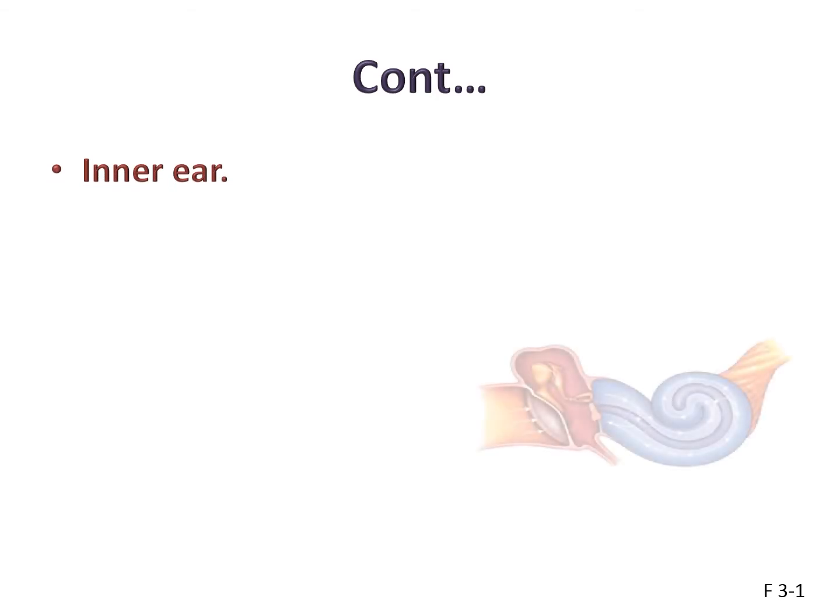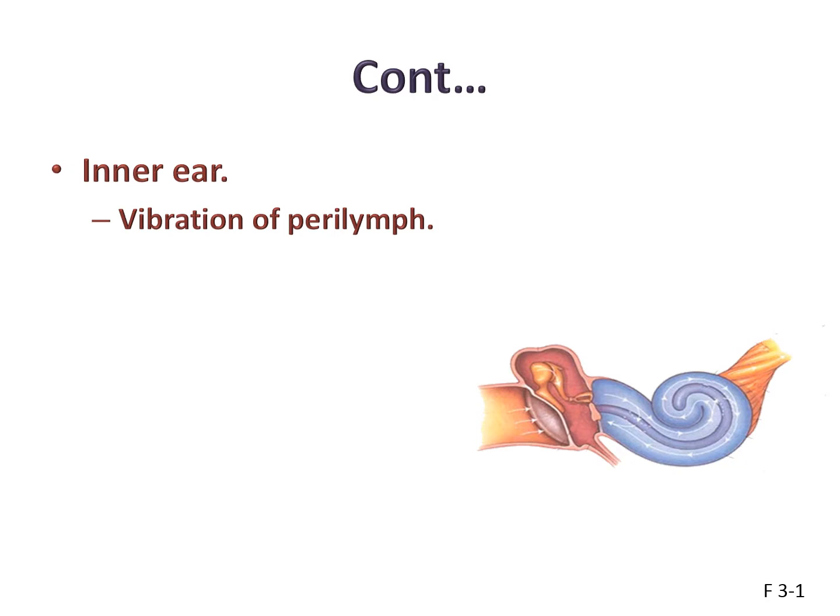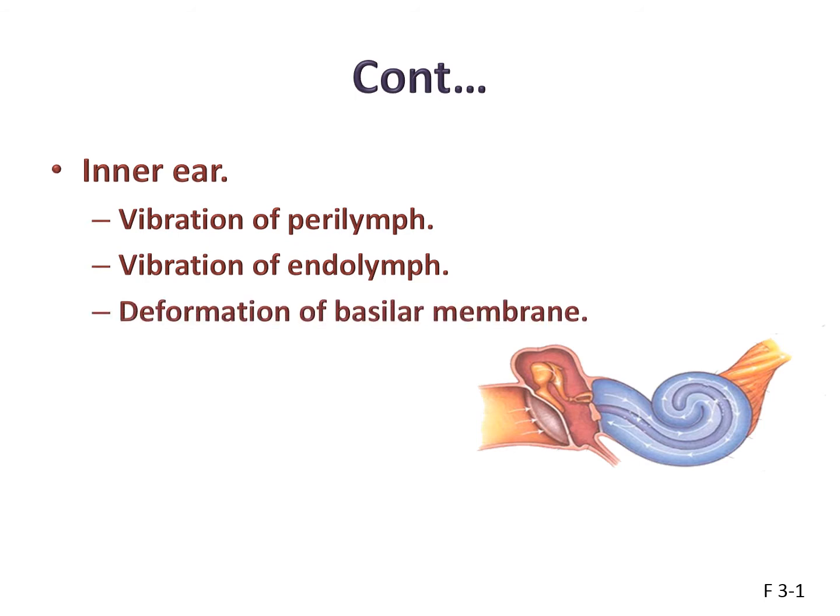With that in mind, we find that the result of the stirrup pushing into the oval window is the vibration of the perilymph within the cochlea, which in turn will make the endolymph vibrate, and this vibration will make the basilar membrane deform. The result of the deformation of the basilar membrane will be the eventual bending of hair cells, which are the sensory cells for audition.